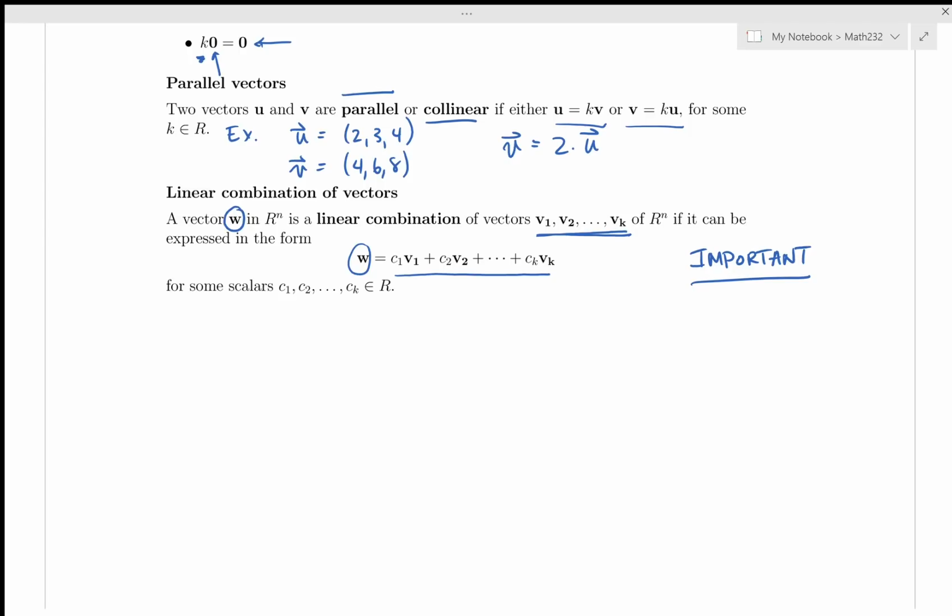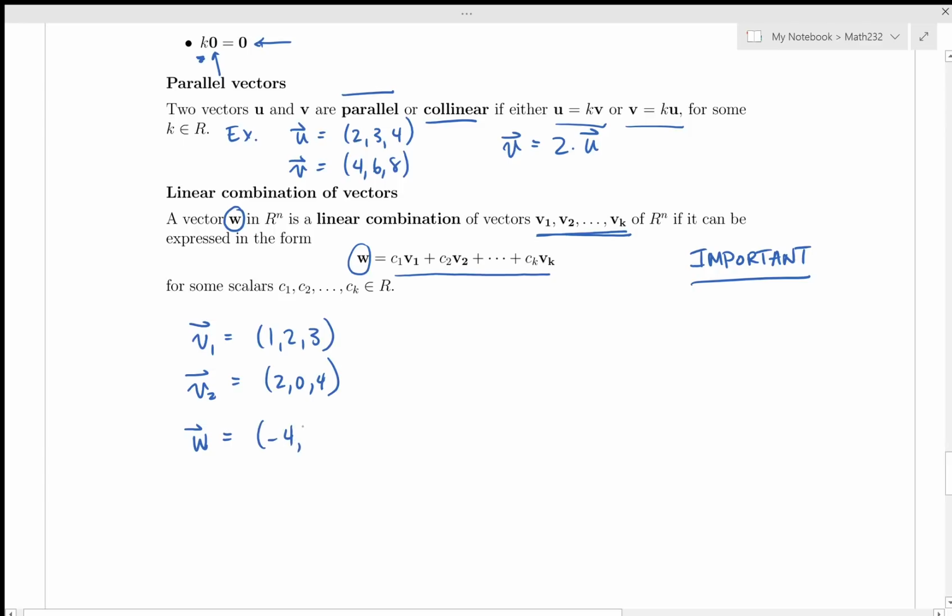Okay, let's give an example. v1 equal to (1, 2, 3), v2 equal to (2, 0, 4). Then I'm going to give you a w: w is equal to (-4, 4, -6).